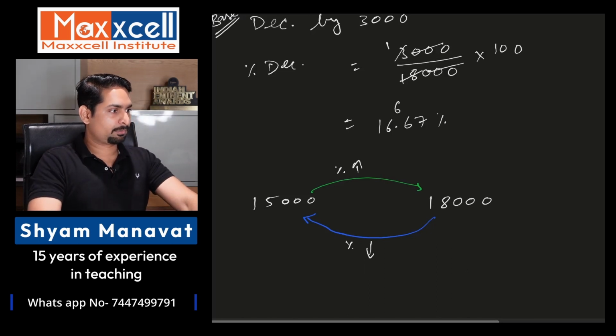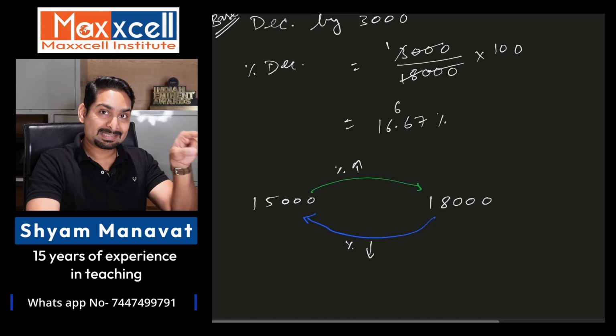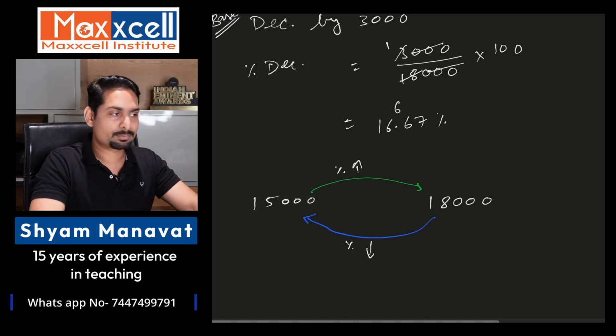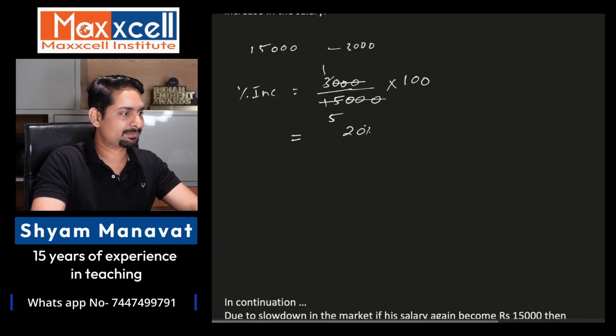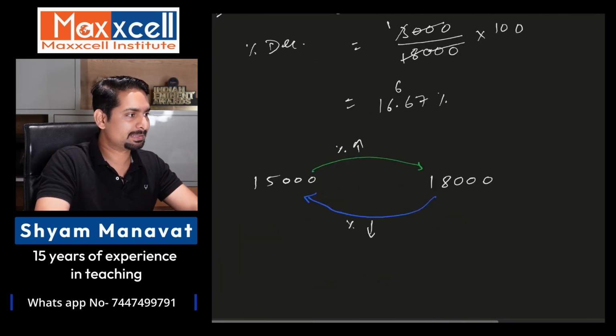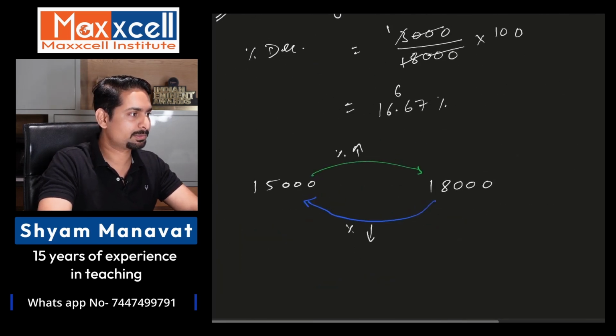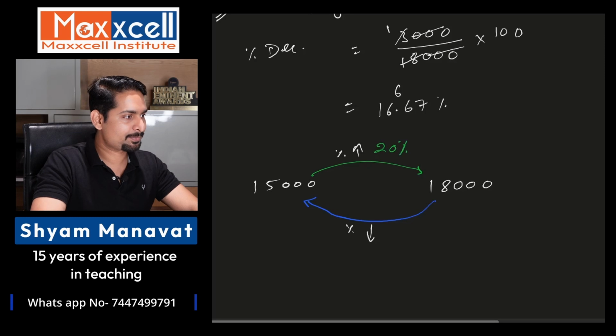Great. Okay. So if it is not the same, in this case if you get to see the percentage increase for this value, percentage increase is 20% here, and you can see percentage decrease is 16.66% here.